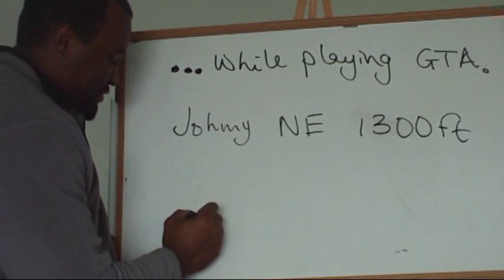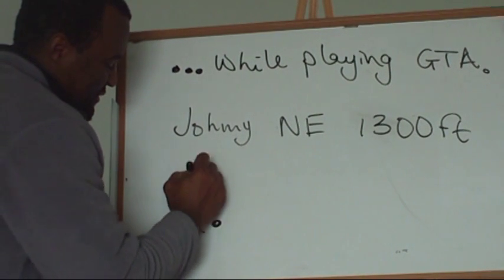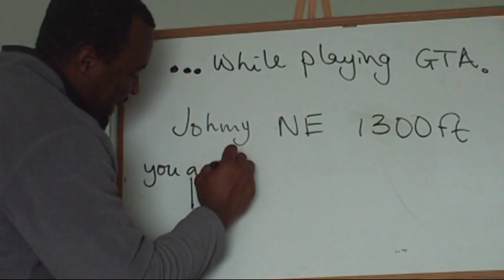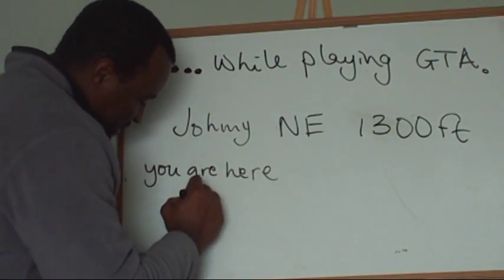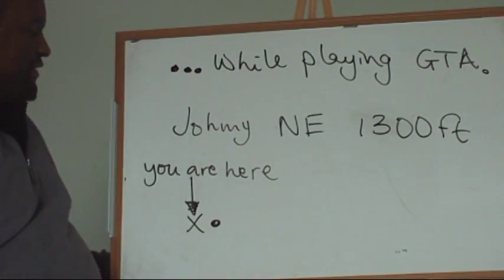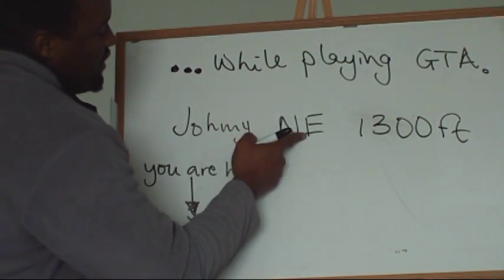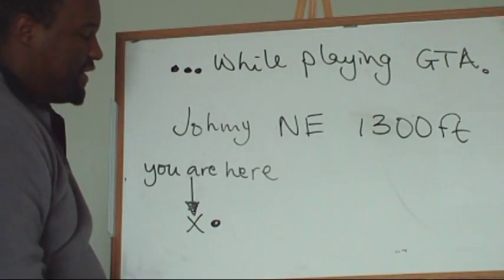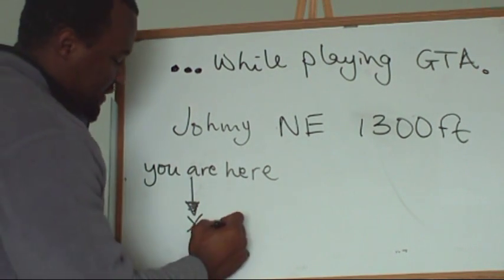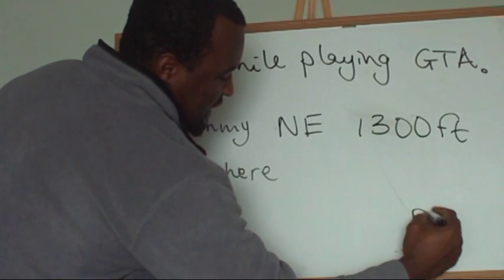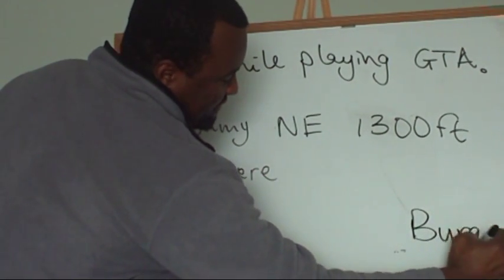He started at point X. You know those things at the mall where they say, you are here? I never quite get those. Well, you're here, and then he goes northeast 1,300 feet. There's a burger joint.